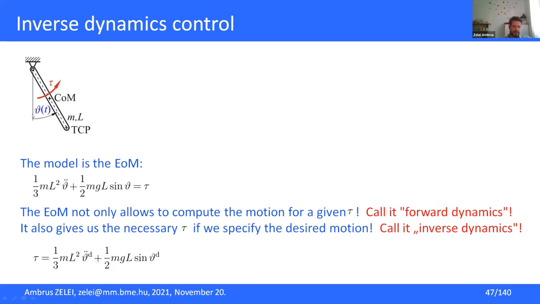So it means in this case that the angular acceleration of this pendulum is given. So everything is given in the right hand side. We know the motion, and then we are able to calculate the torque which must be applied here in order to achieve the prescribed or desired motion. And we call this technique inverse dynamics. So basically we use again the equation of motion, but the unknowns in the equations are different.